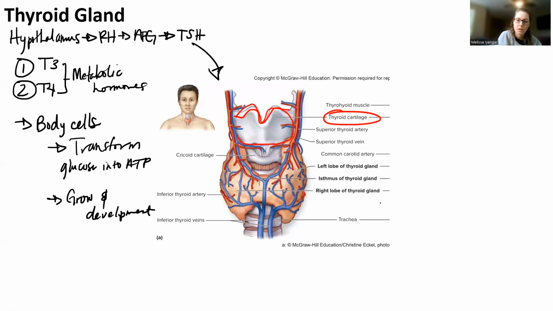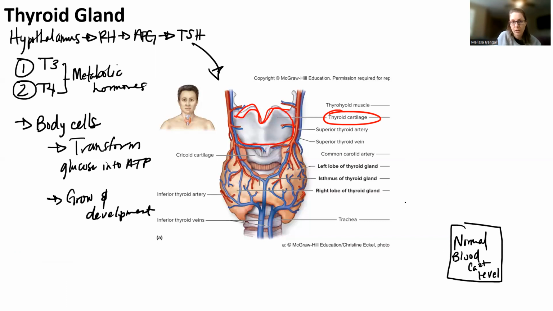I'm going to try not to do this as a seesaw, teeter-totter thing. And here we're going to have normal calcium levels. I don't know what those normal levels are, but let's just say we have a normal blood calcium level.